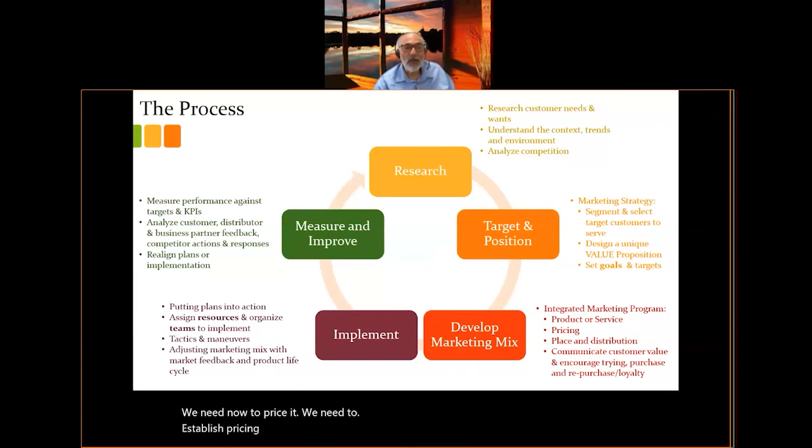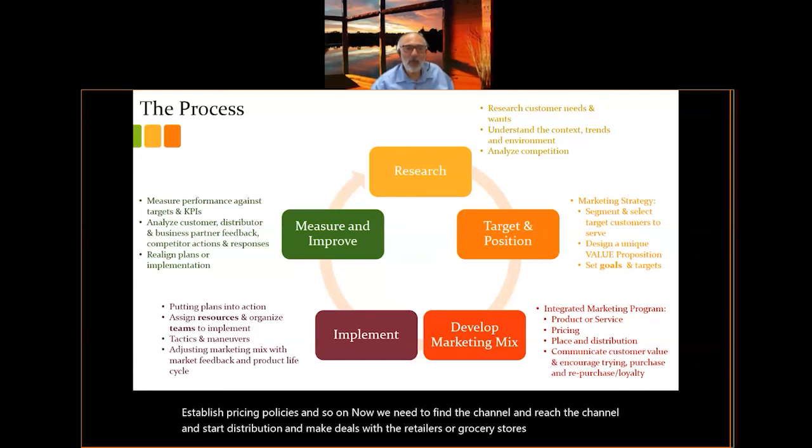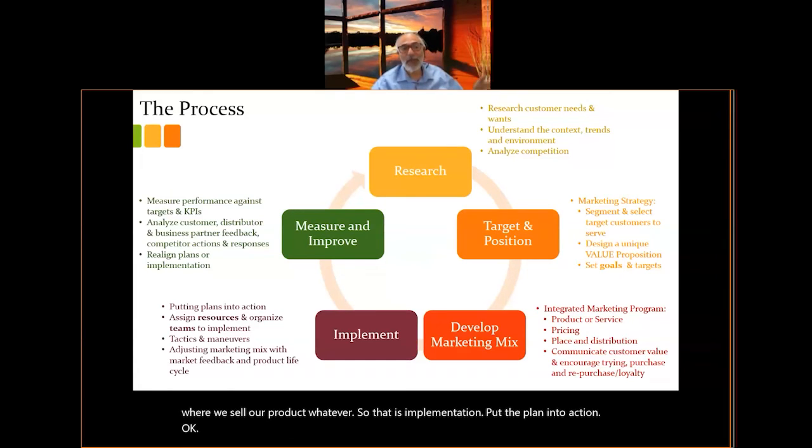Now we need to find the channel and reach the channel and start distribution and make deals with the retailers or grocery stores or electronic shops where we sell our product, whatever. So that is implementation. Put the plan into action. Also create maybe campaigns to raise awareness about the product and the benefits that it has, where it is sold, what kind of warranty it has, why customers should buy it, things like that.